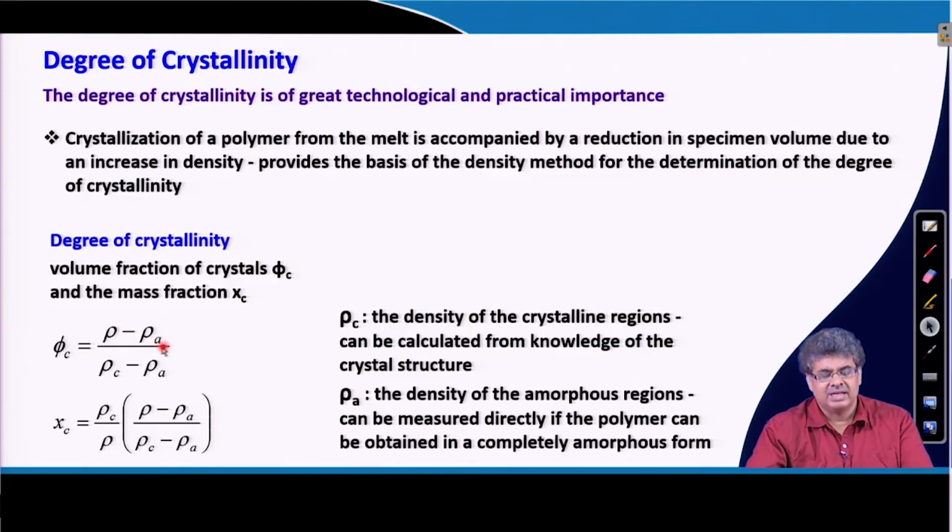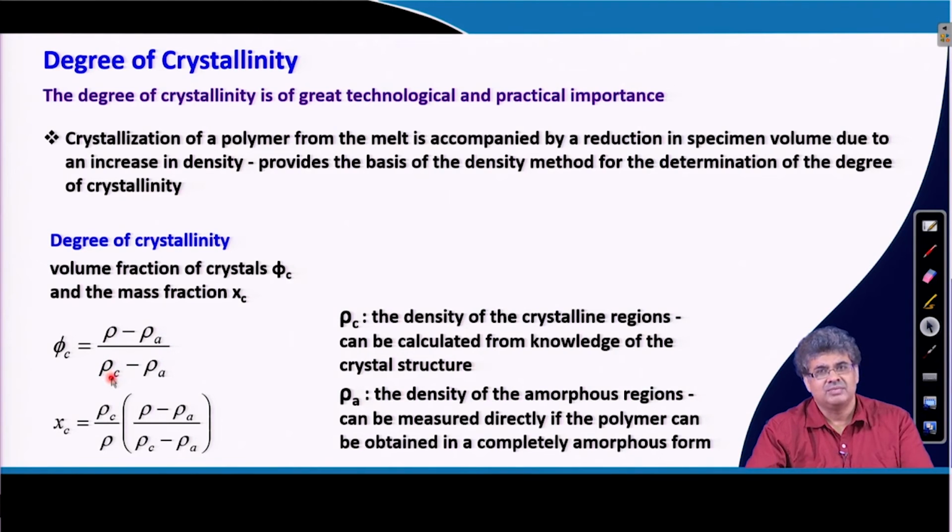We can get the density of amorphous polymer easily if we cool the polymer sample from melt, then we can actually get a 100% amorphous polymer whose density we can measure, but a 100% crystalline polymer is not possible.